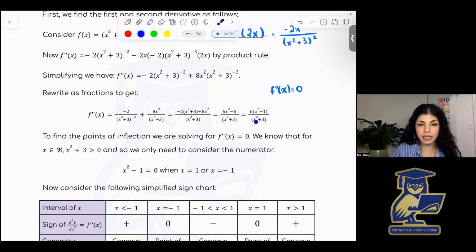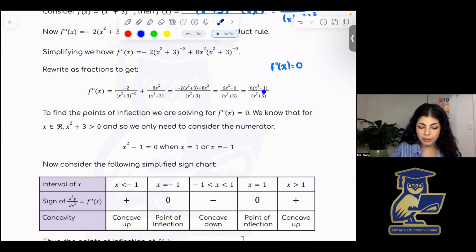Especially because the denominator, x squared plus 3, is greater than 0 for all values of x in R, because x squared is greater than or equal to 0 and we're just adding a 3 to it. So now considering the numerator, x squared minus 1, the constant isn't going to contribute anything here. So this is equal to 0 when x is 1 or x is -1.